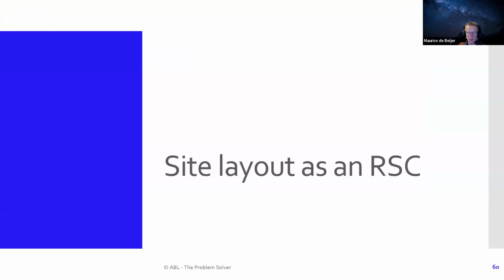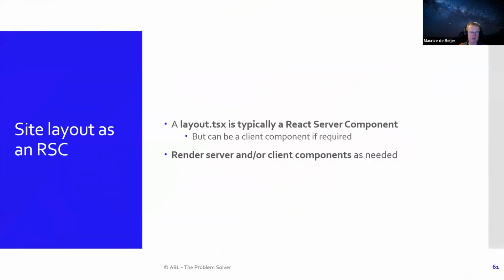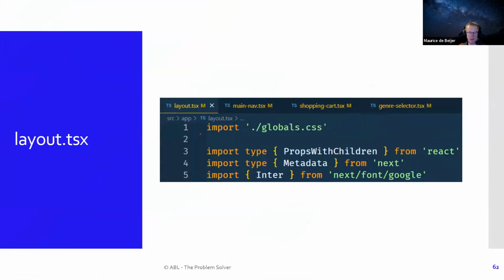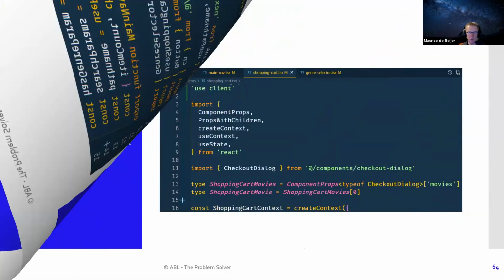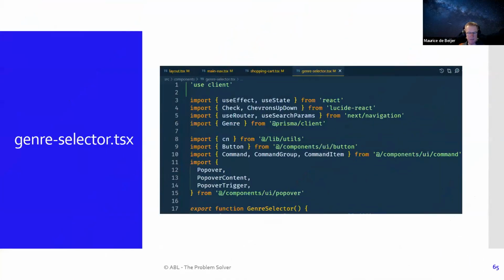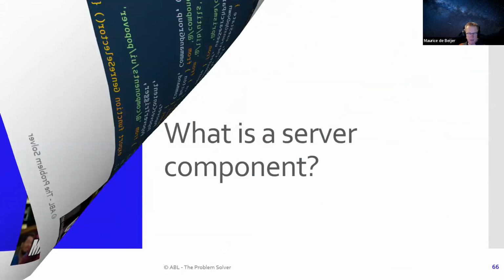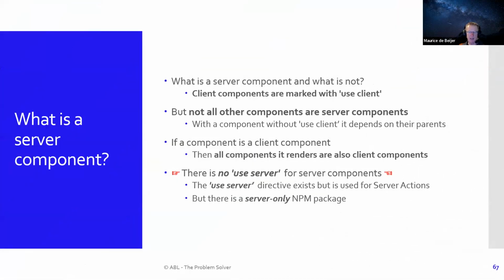Okay, so I actually combined a couple of the different demos here. That was from the navigation, the first part. Then I did that. One thing I didn't show is this package, server only, which is really useful.